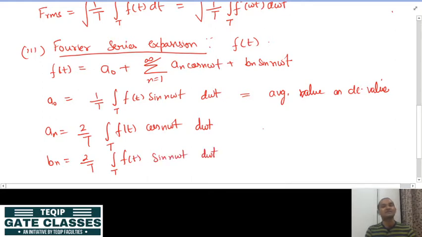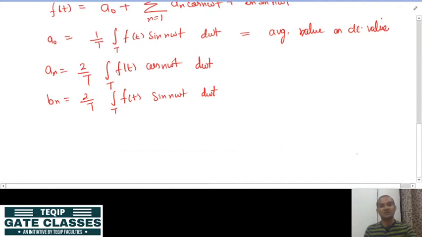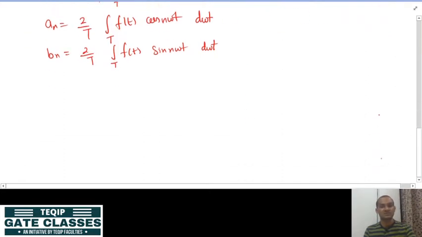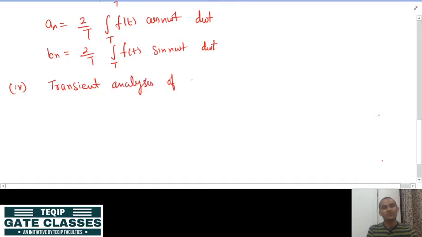So, my advice is that you please practice all these three prerequisites. Apart from that, another prerequisite required from basic electrical courses is transient analysis of RL, RC and RLC circuits, in terms of both mathematics and waveform analysis.